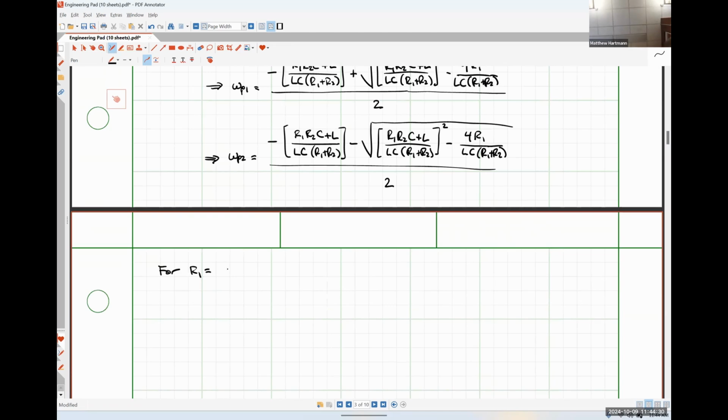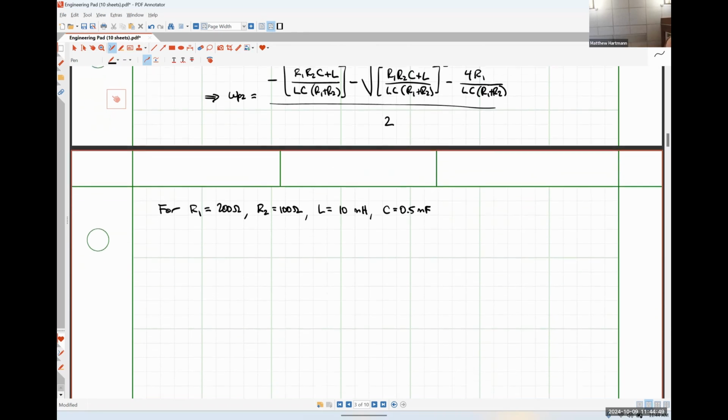So for what it's worth, R1 is equal to 200 ohms, R2 is equal to 100 ohms, L is equal to 10 millihenry, and C is equal to 0.5 millifarads. In this particular case, we find that omega Z1 is equal to omega Z2 is equal to 0.